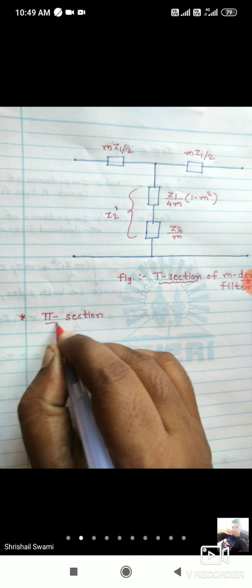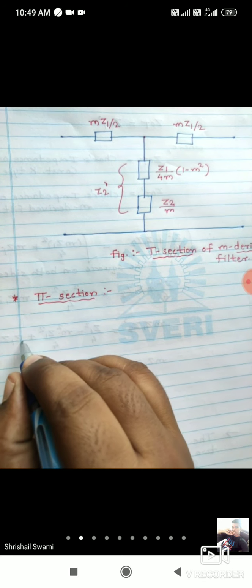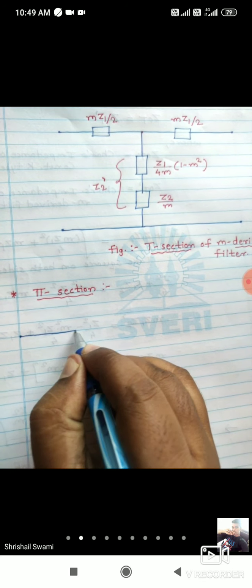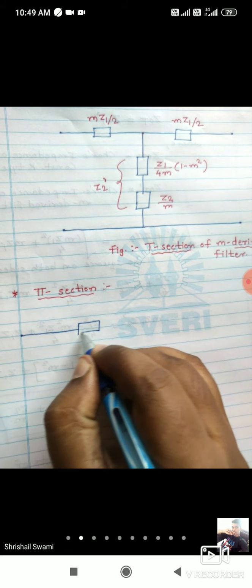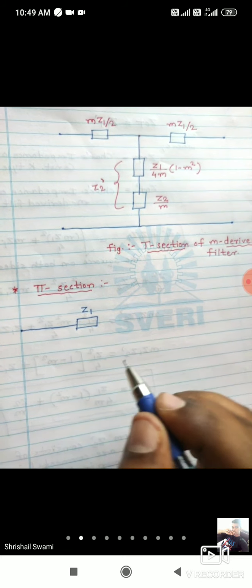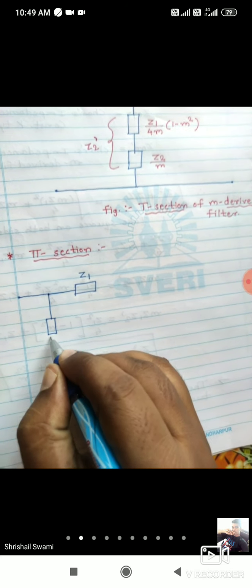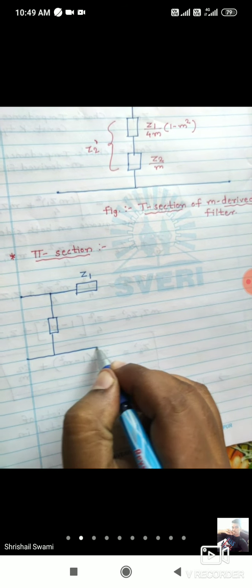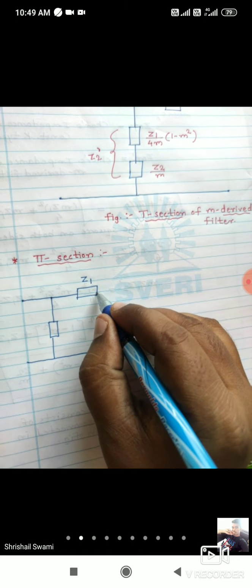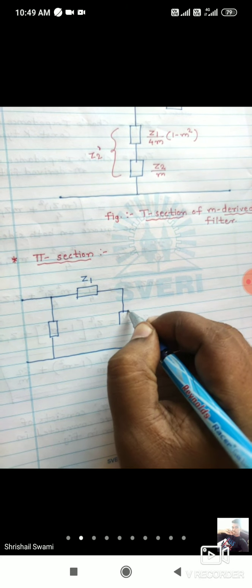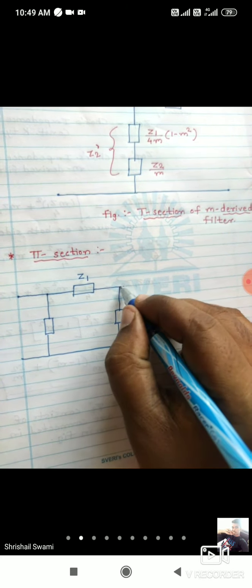So what will be the original pi section of constant K type? What is the diagram here for the original pi section of constant K type? So the series arm consists of only Z1, whereas the parallel arms consist of two Z2. This we already learned in the types of filter networks at the start of this unit.